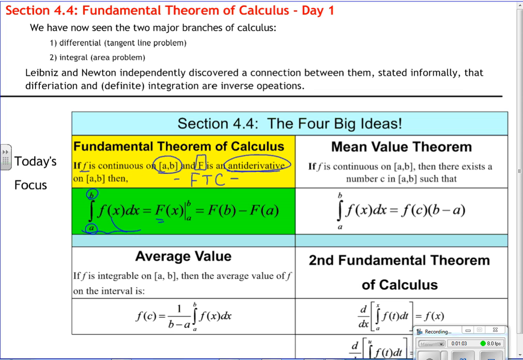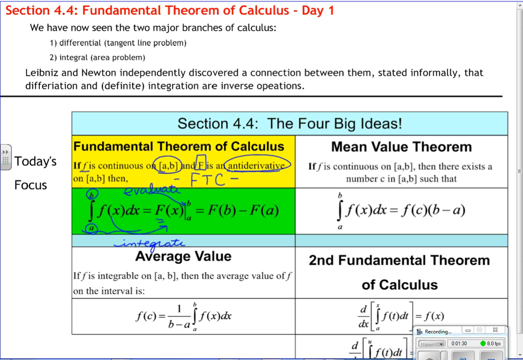So how do I get from little f to capital F? I integrate to get there. So I'm going to find the integral of little f, which will give me capital F. And then the straight line means to evaluate. I'm going to evaluate this antiderivative from the lower limit a to the upper limit b.